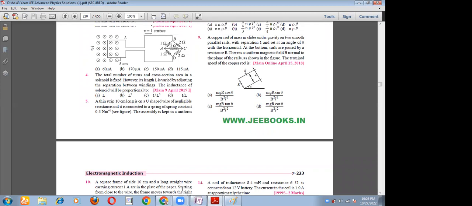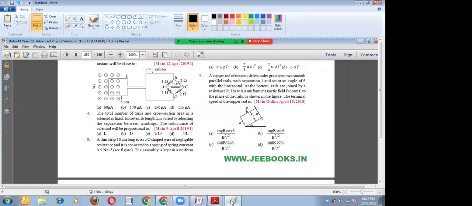Based on the same concept, see question number 9. Also a JEE 2016 question, a JEE Advanced question. So do the question.